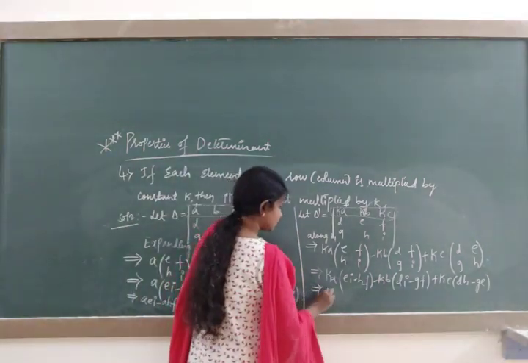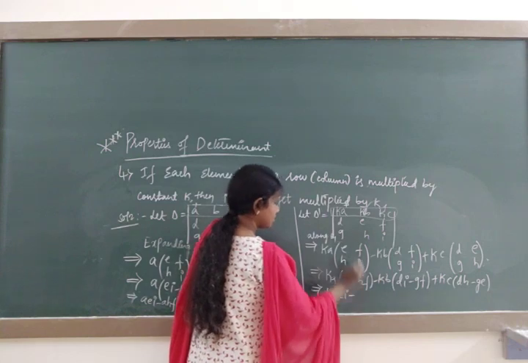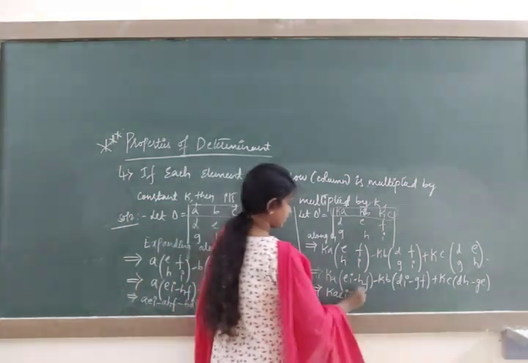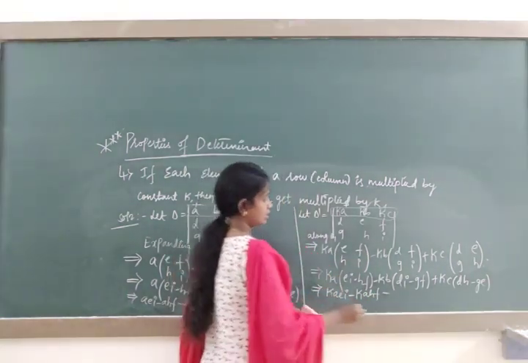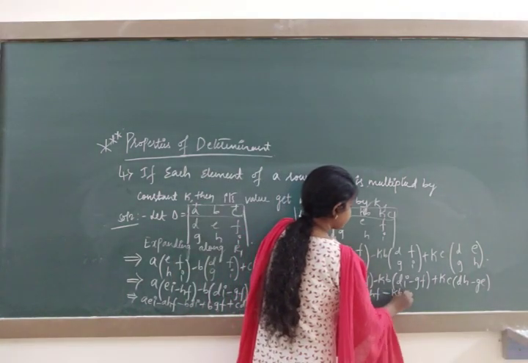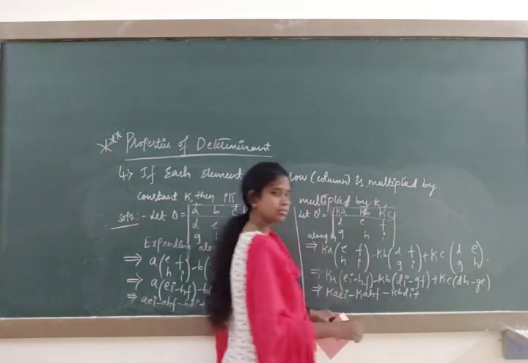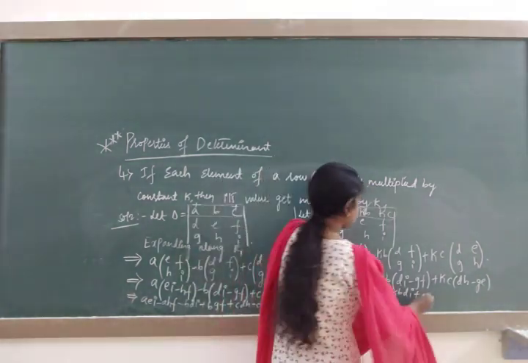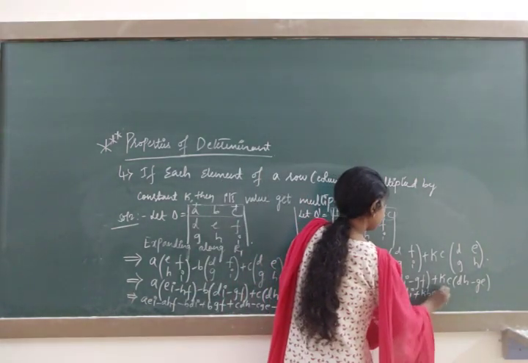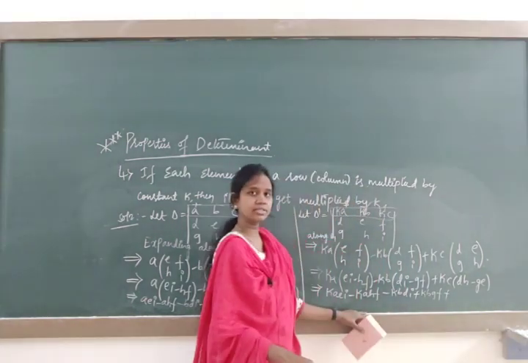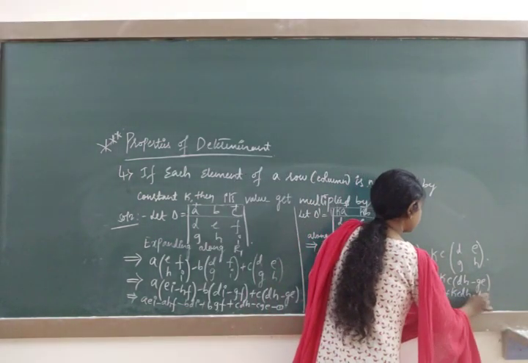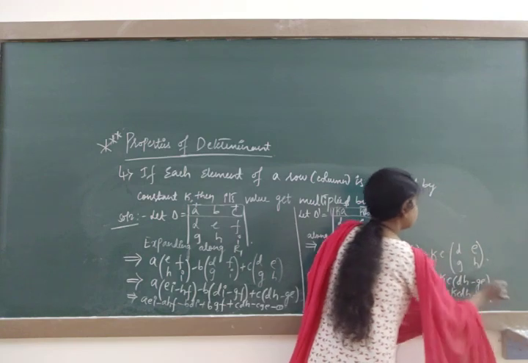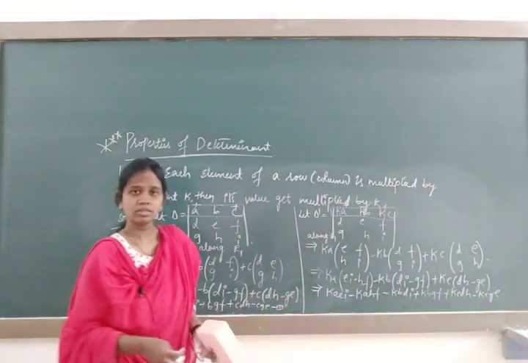So on multiplication, KAEI minus KAHF minus KBDI, minus into minus plus KBGF, plus KCDH, minus KCGI. So there are 6 terms.